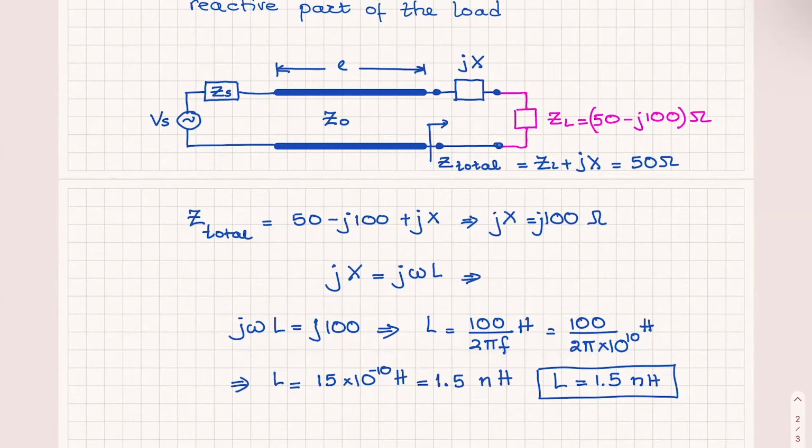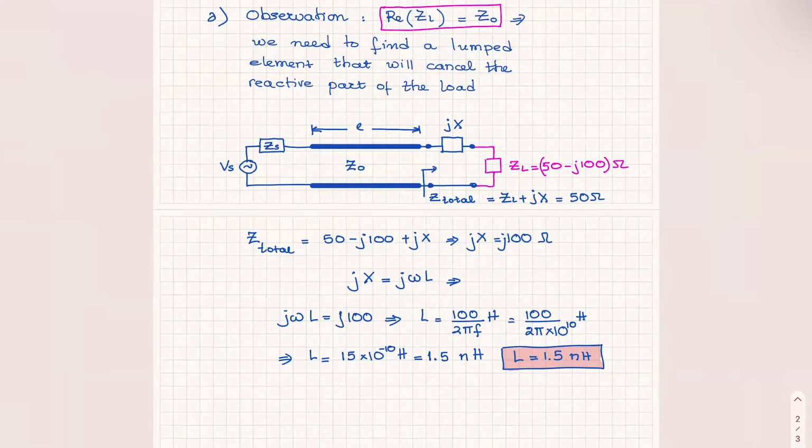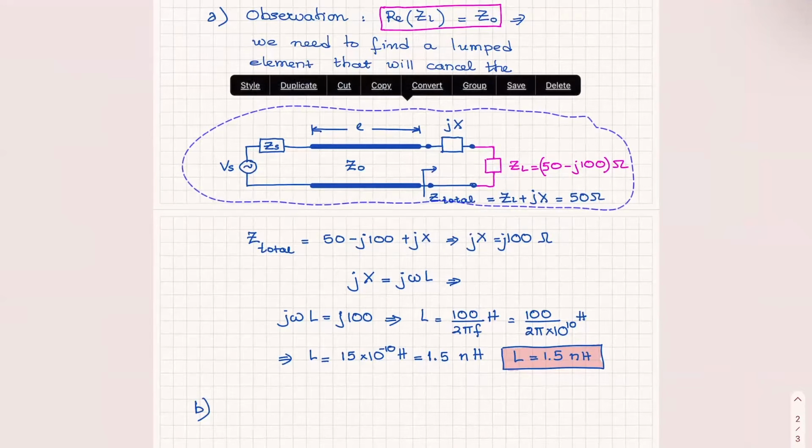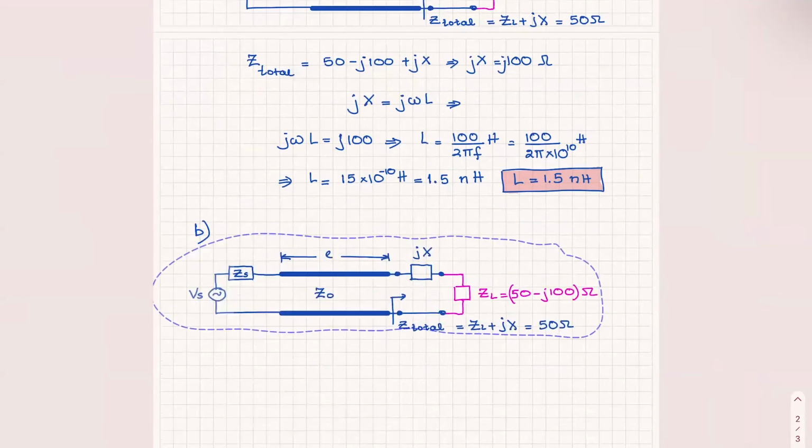Then the next question that we have is what kind of a stub, a series stub. So we go to B. So now we want to change in B this one, copy to this one, paste.